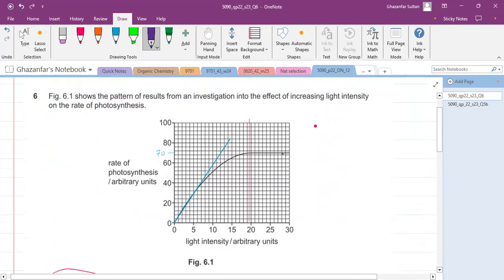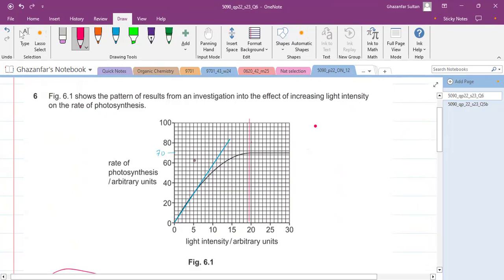So remember that if it becomes constant, the light was no longer the limiting factor, but other factors can affect. Temperature can affect. If you increase the temperature up to a certain unit, then the thing would be similar: the rate of photosynthesis should increase.